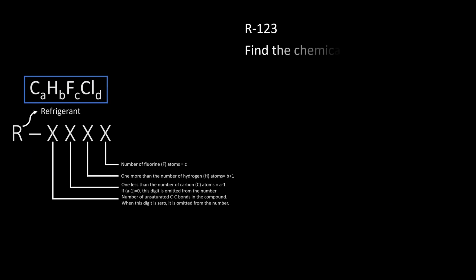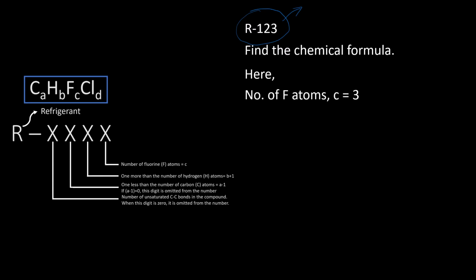Now let us consider a case where we need to find the chemical formula from the given R nomenclature of the refrigerant. In this case, the first digit from the right is 3. Hence, the number of fluorine atoms in the compound is 3. The second digit from the right is 2.